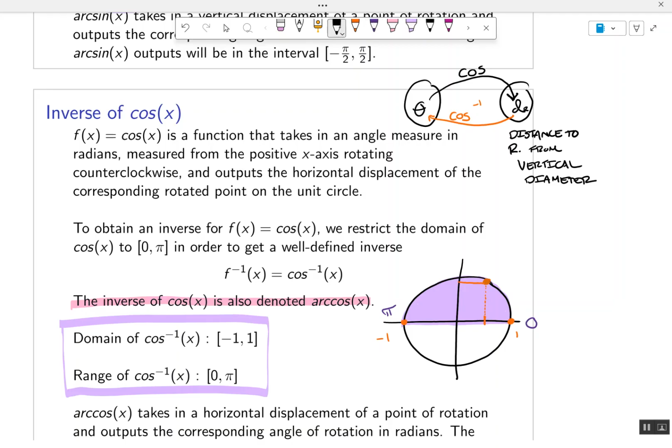We had distance to the right, so the interval here will be from negative 1 to 1 for my distances to the right. And my angles, well, we went from 0 to pi. So this is my domain and range for cosine. If we're going in the other direction, the domain and range switch for the inverse function.